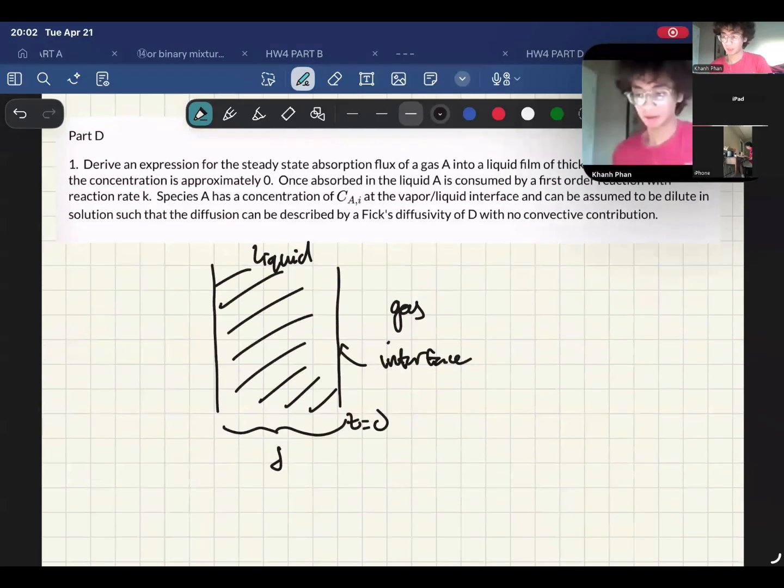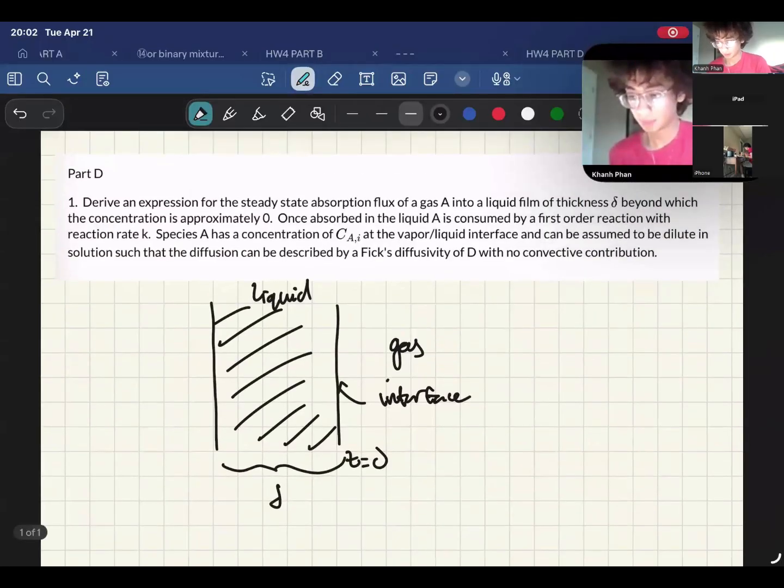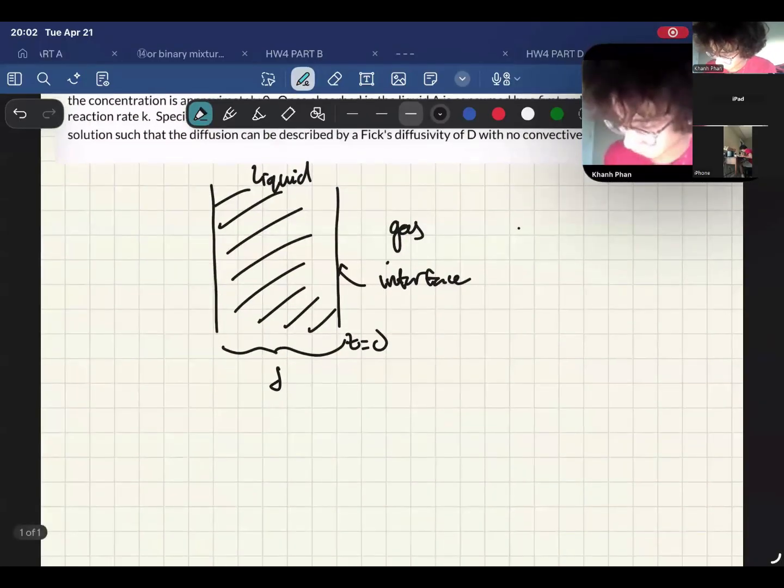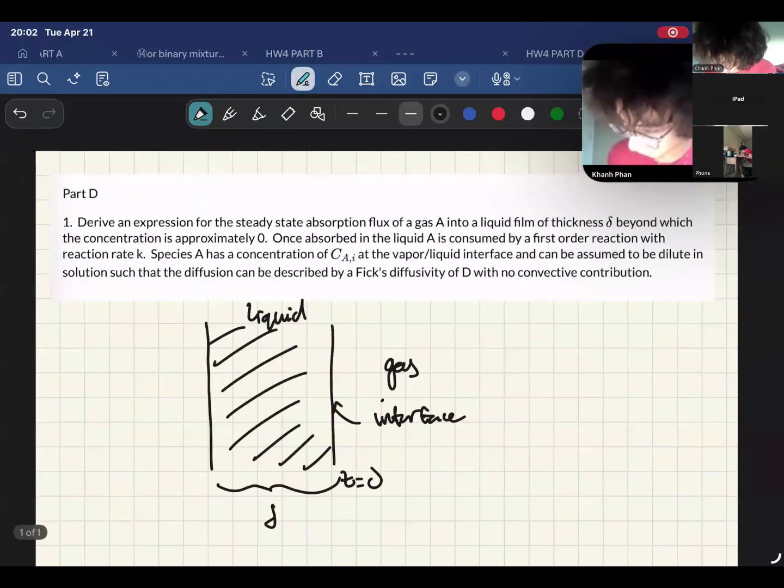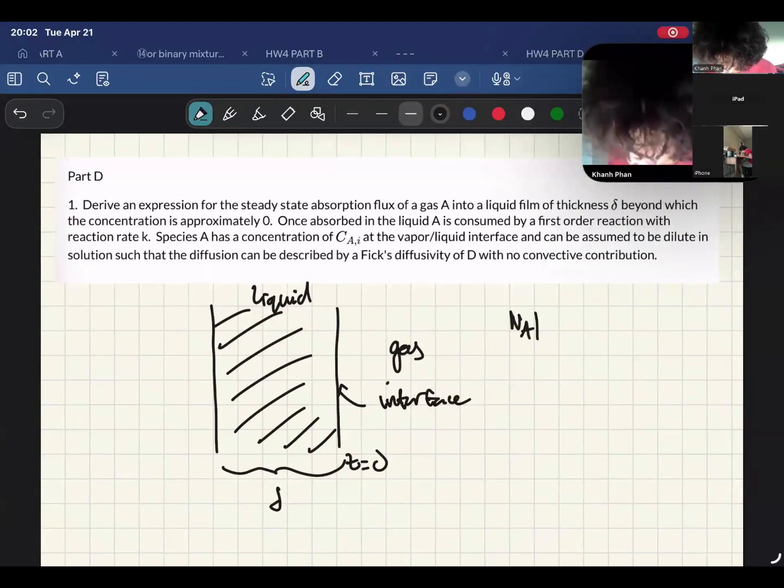Today we're going to talk about the absorption flux. We're going to find the flux of NA at z equal to zero.